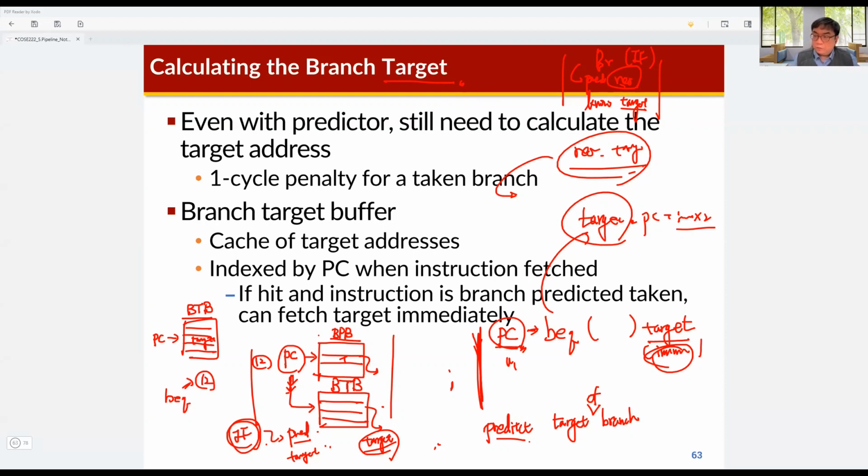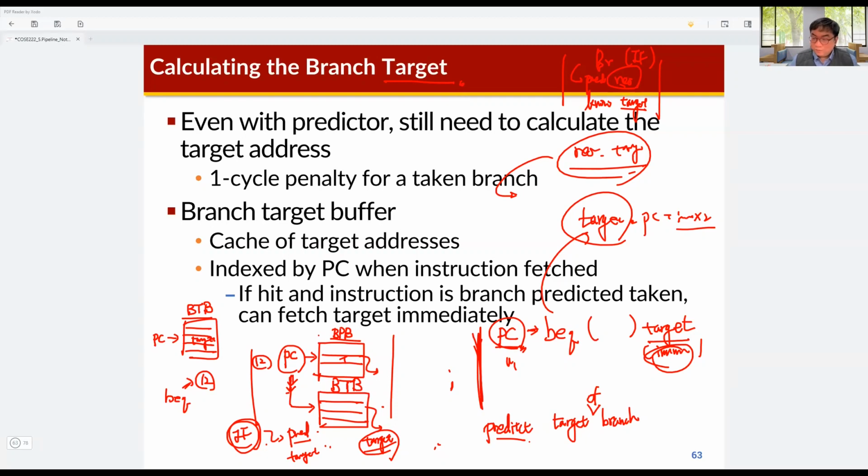So no cycles are wasted if the prediction is true. And if we already know the target of the branch instruction, then cycles are not wasted.